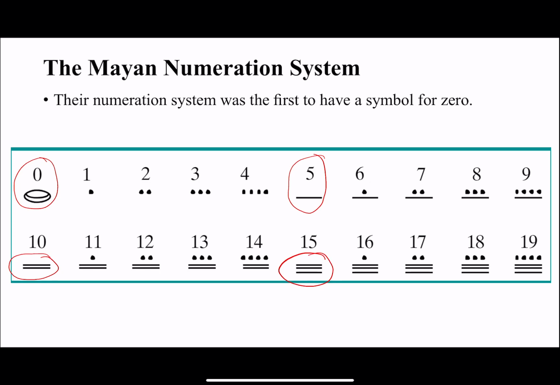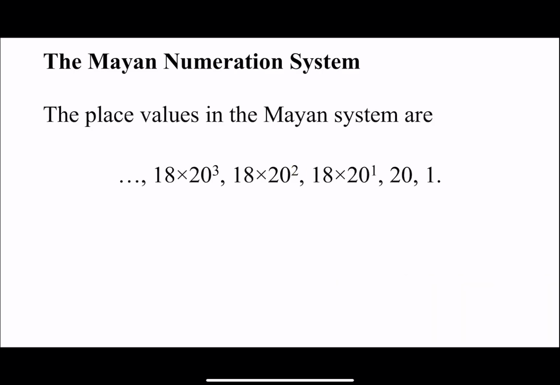Well, what about the place values? First place value is 1, just like before. Then we have 20. After that, we expect to have 20 to the second power, right? But instead of 20 squared, we have 18 times 20.